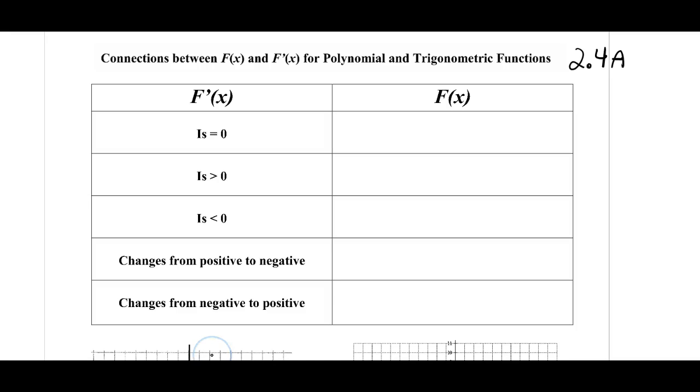In this lesson, we're going to be connecting the function and the derivative of polynomial and trigonometric functions. And we're going to look at this both graphically and analytically. For a large part, this is review and extension of what we studied in 2.2, where we found, as we went through a chart, that where our derivative equaled 0, our function had a horizontal tangent line.